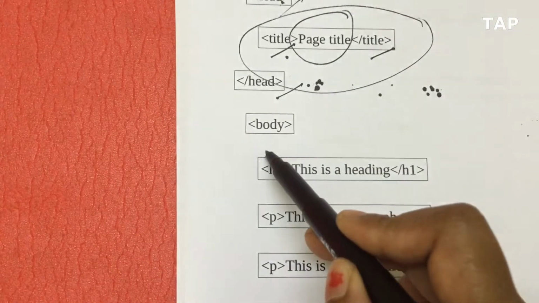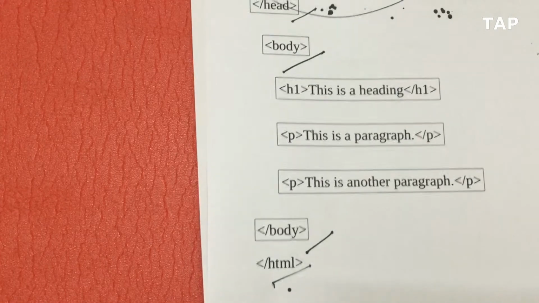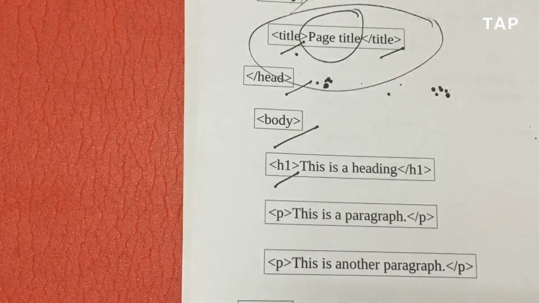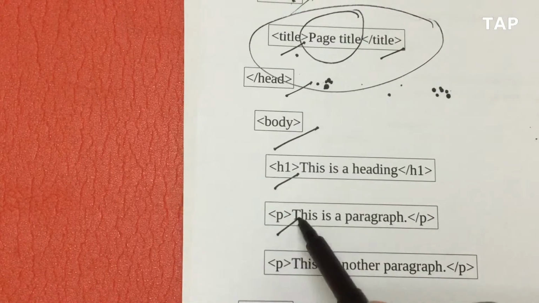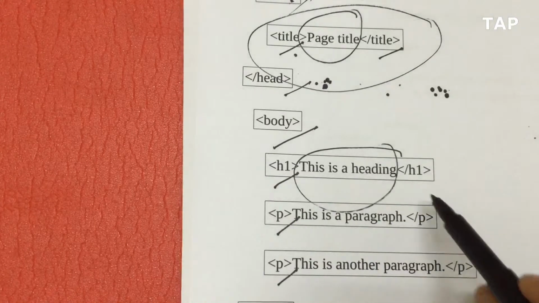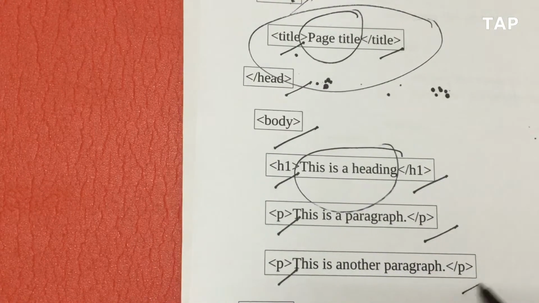After that you will have a body tag. Your body tag ends here, and here I have used heading tags and paragraph tags. These are the content, and this is the end of the heading tag, and this is the end of the paragraph tag.